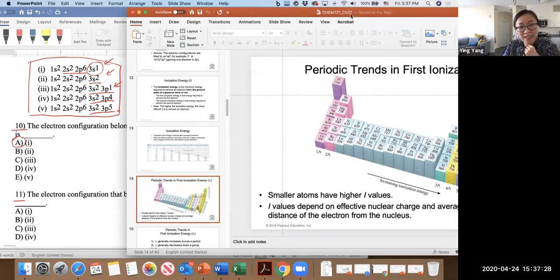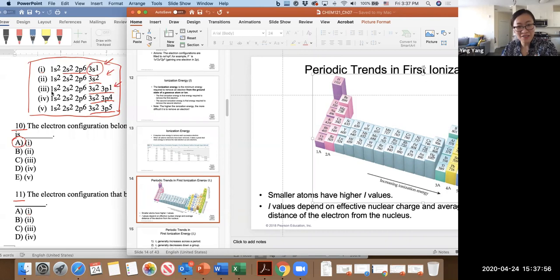We got an answer here: 1. Yes, 1. And why is it 1? It's because 1 is on the left-hand side of the periodic table. Furthest to the left, exactly.